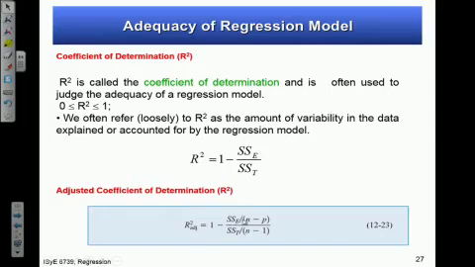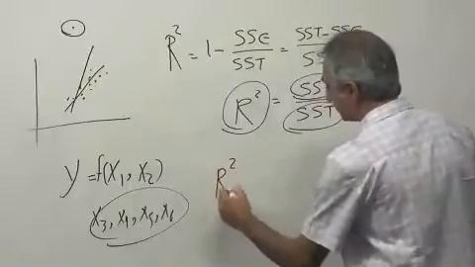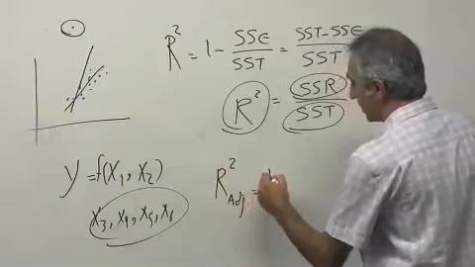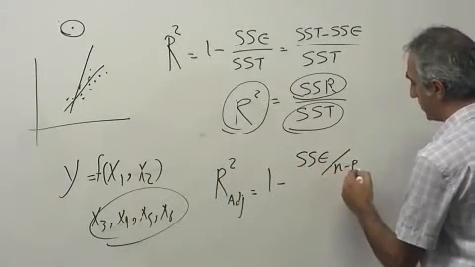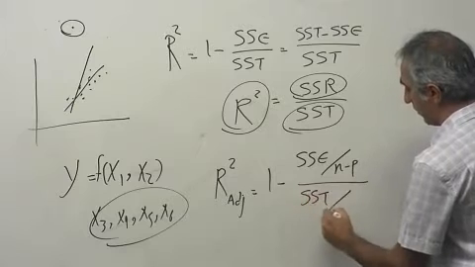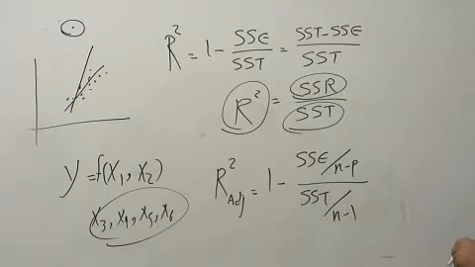So what you do, you divide by the degrees of freedom. So 1 minus SSE divided by its degrees of freedom and SST divided by its degrees of freedom. This is a sort of normalization, or standardization. So your R squared adjusted is 1 minus SSE divided by n minus p, over SST divided by n minus 1.